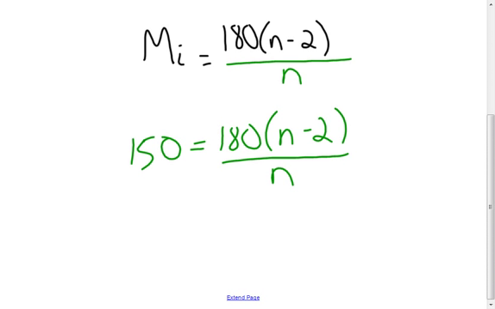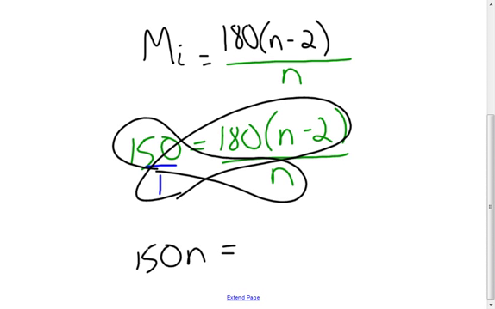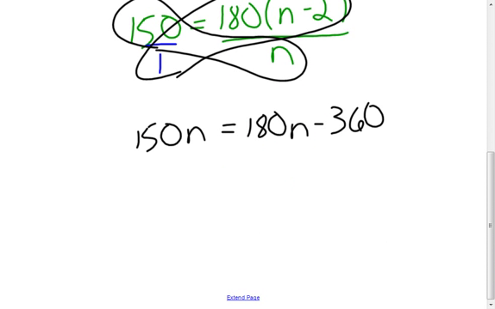I'm going to look at this in terms of being a proportion, and then I can cross multiply. So this, 150n, is going to have to equal 180, and I'm going to distribute right away, so I'm going to have 180n minus 360. To solve my equation, I'd get rid of the 180n.